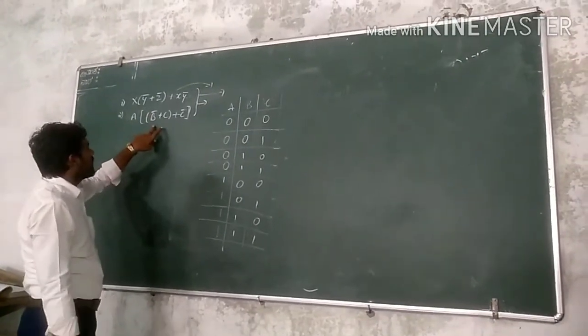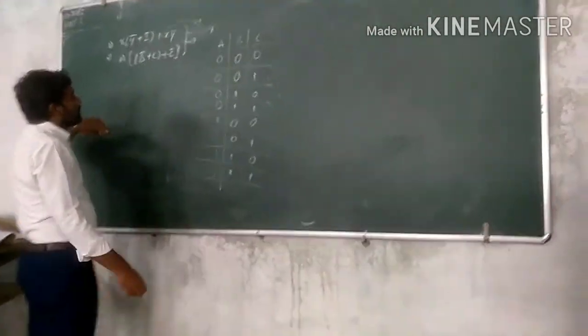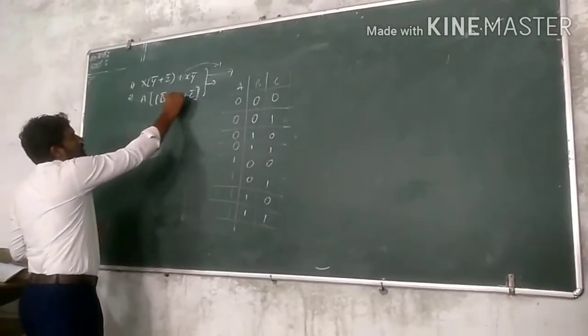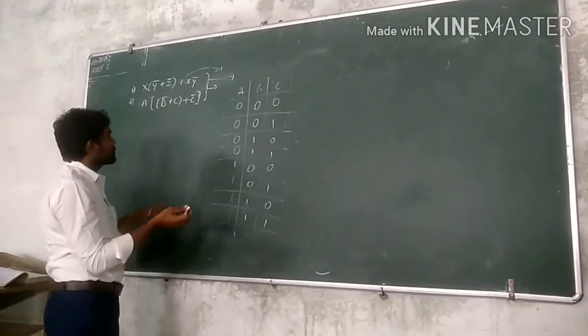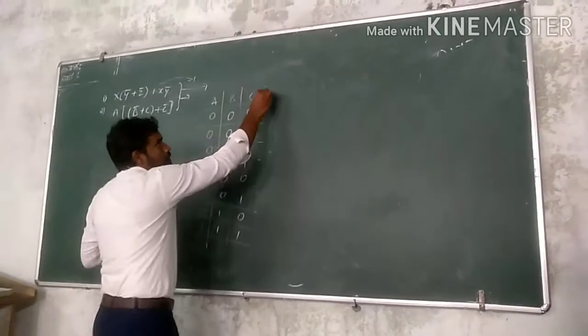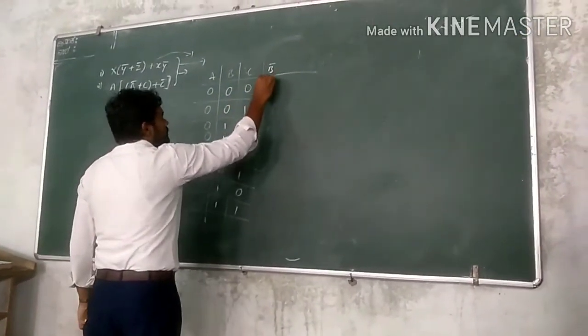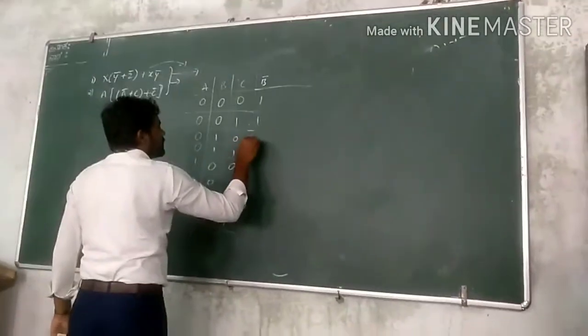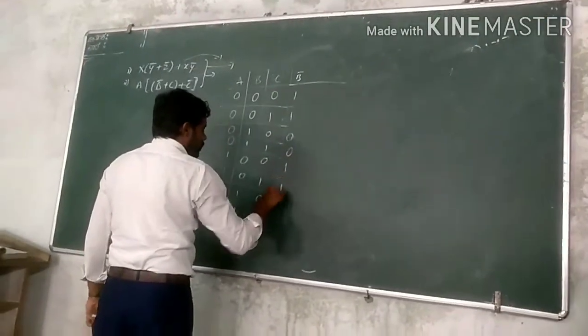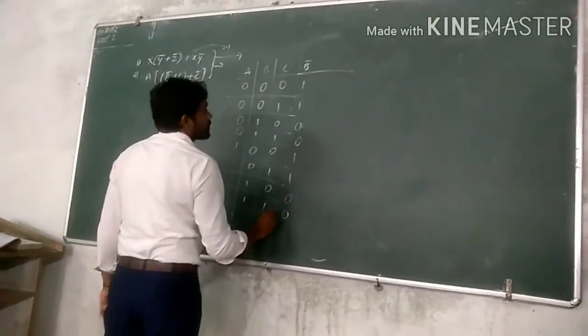So first we will go for finding the variables we require: b complement and c complement. A complement is not required, so we will go for only b complement and as well as c complement. So b complement in the sense 1 1 0 0 1 1 0 0.